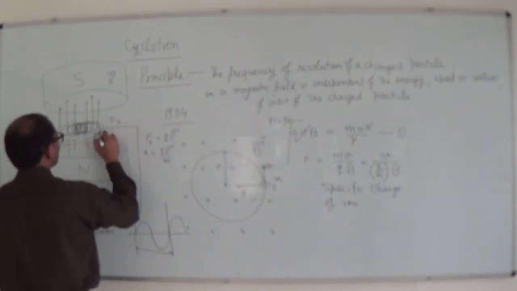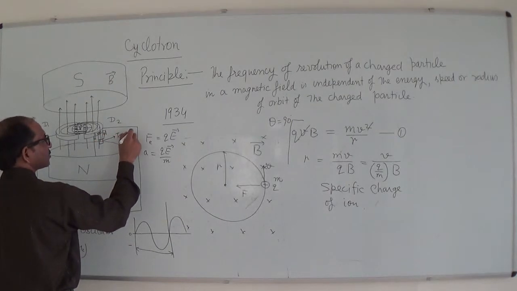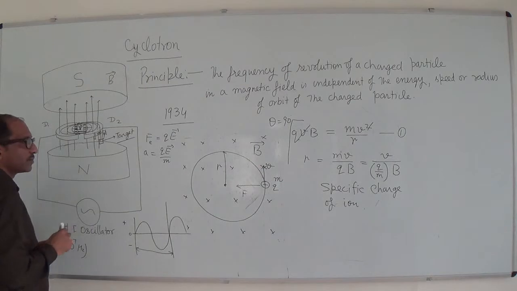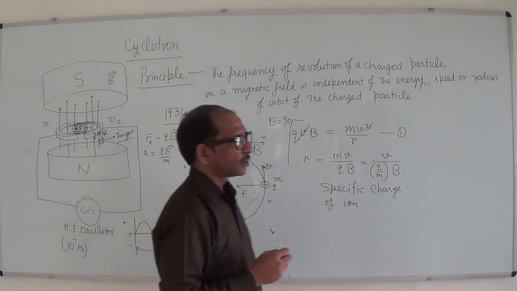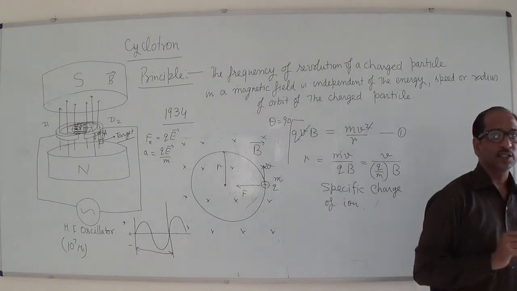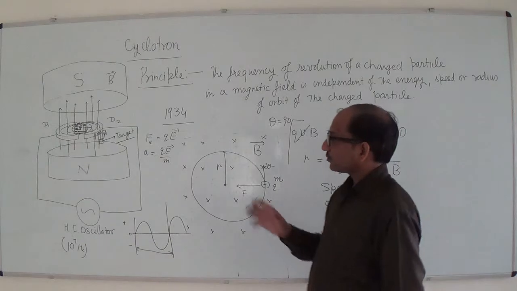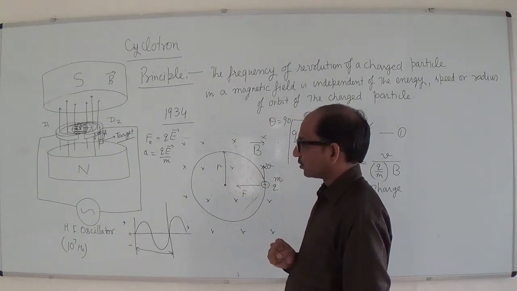If the target is kept here, the target is maybe a nucleus, maybe a solid material. What kind of studies we are doing is based on that. But what is the important point now?